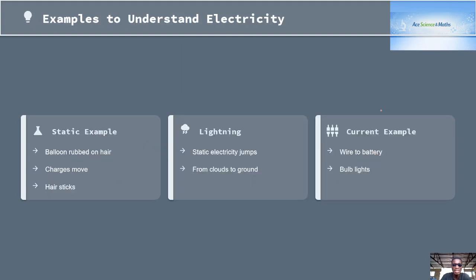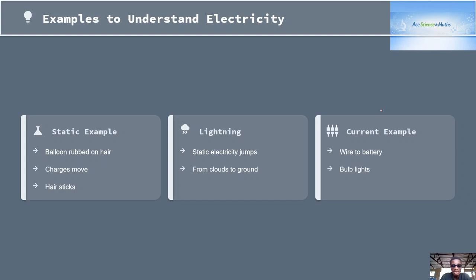All right, so let's look at some examples of electricity so far, what we have done in part 1A and part 1B. We talked about static examples: a balloon rubbed on our hair, the charges move, the hair sticks. And then we talked about lightning, a static electricity jump from the clouds to the ground. And then in current electricity, we talked about a wire connected to a battery where the bulb lights.